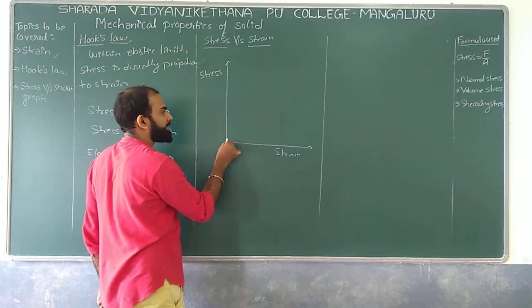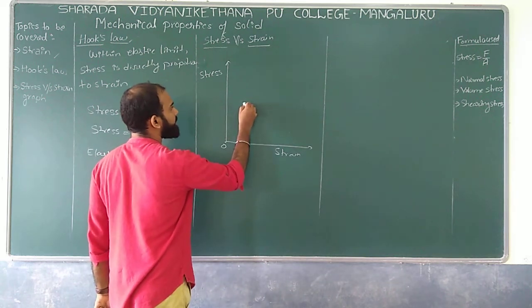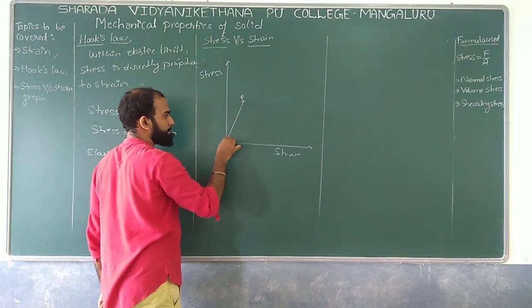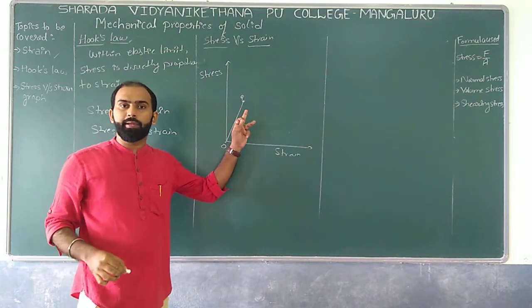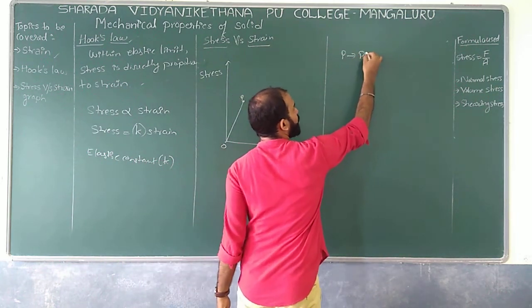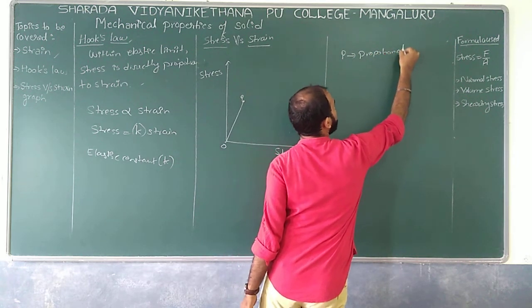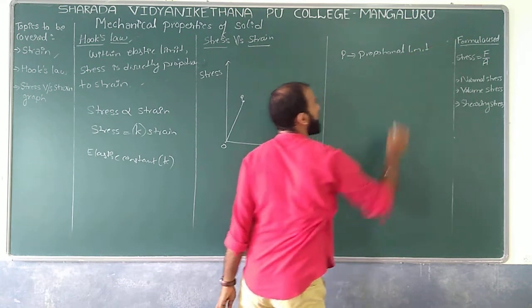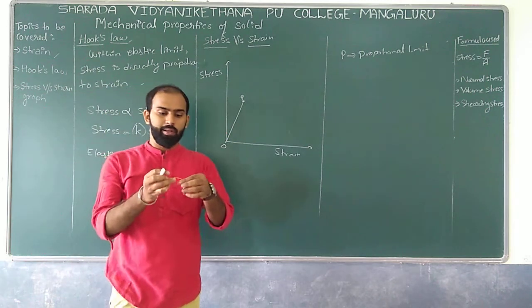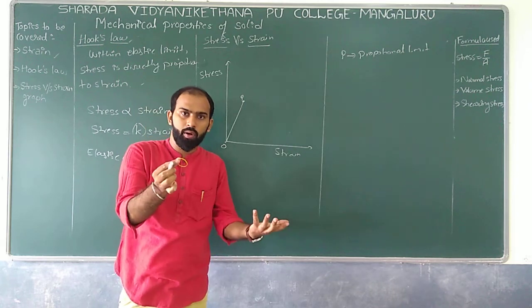Now, if I extend up to point P, this point P is the proportional limit. Point O is where no force is applied.